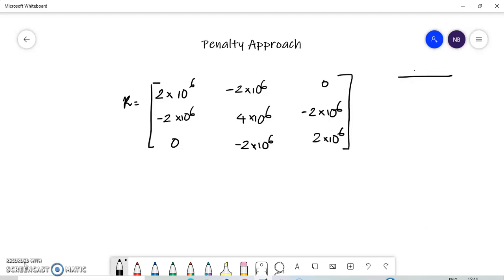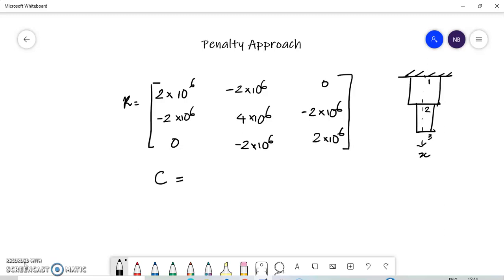Now this problem is something of an inverted shaft, like this. This is the axis. So this is node 1, node 2 and node 3. Node 1 is fixed. We have to find out C.